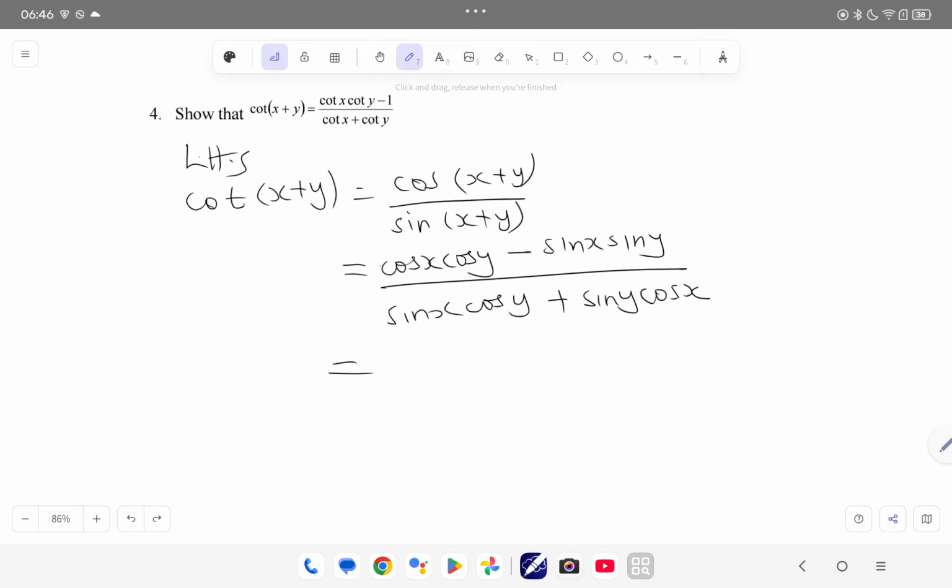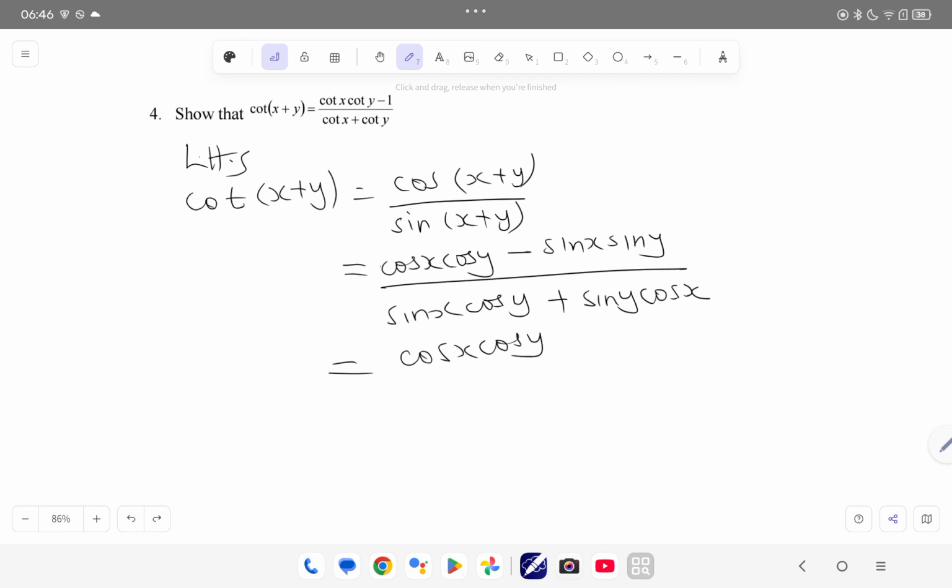Then since we need a 1 here, this thing must become a 1. So we shall divide through by sine x sine y to make that 1 there.